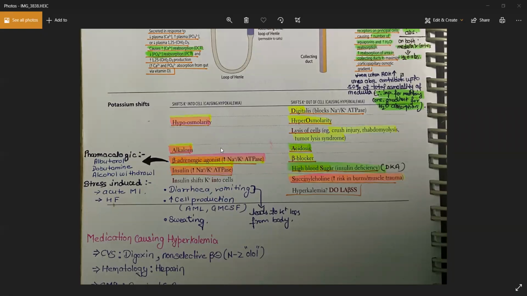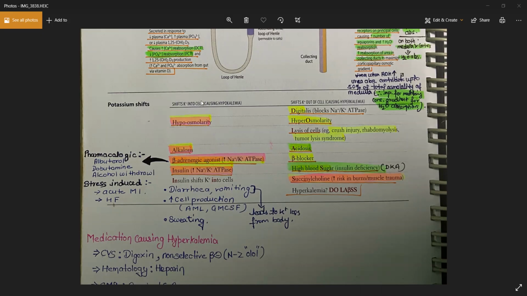Similarly, whenever stress happens, any kind of infection or any reason that can cause activation of the sympathetic system, you will always have beta stimulation, and that will cause again the intracellular shift of the potassium, right? Similarly, adrenergic agonists like the pharmacologic drugs albuterol, dobutamine, and alcohol withdrawal will all cause beta stimulation.